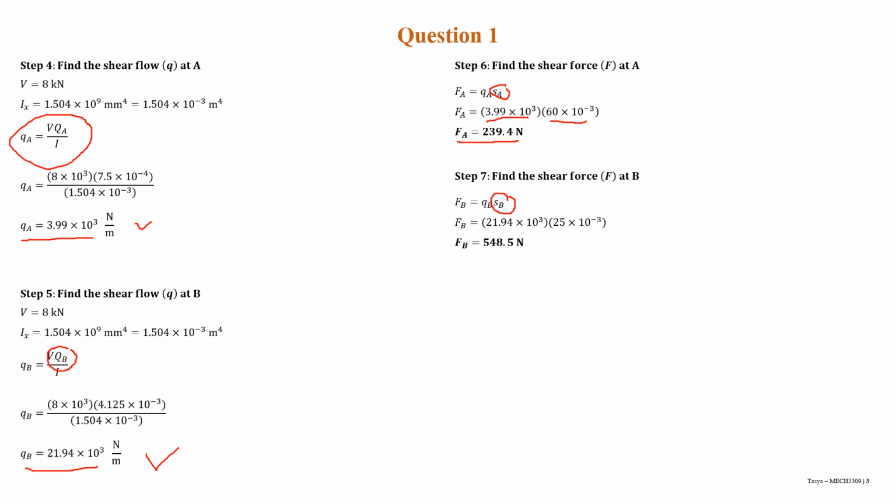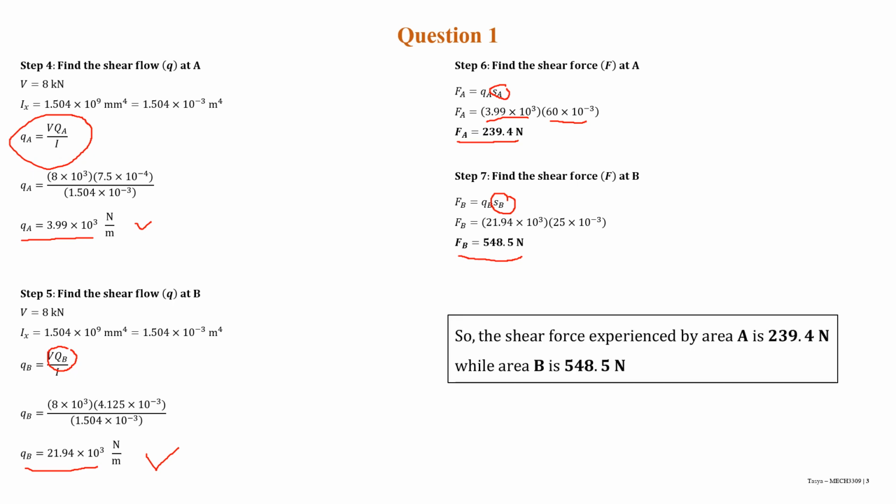So we put everything in here and we obtain FB is 548.5 Newton. So the shear force experienced by area A is 239.4 Newton, while area B is 548.5 Newton.